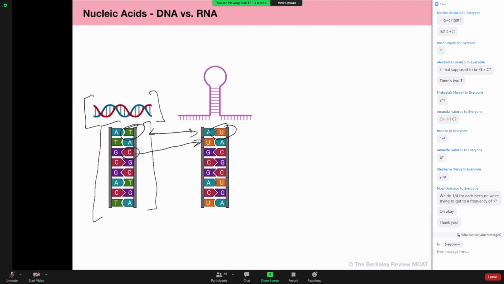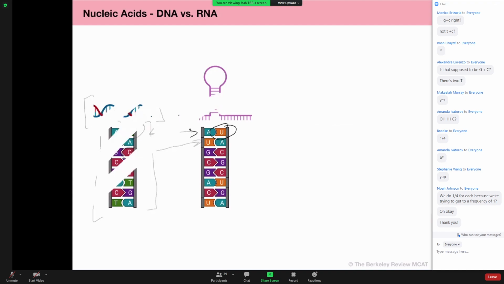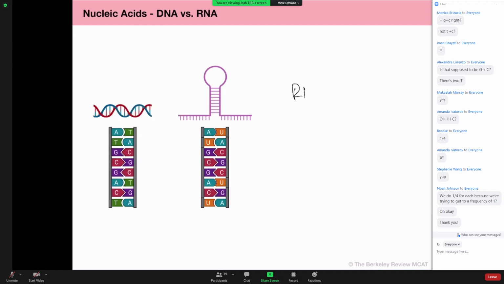Okay, and if we compare RNA and DNA from a structural standpoint, RNA is much more unstable compared to DNA. It doesn't form this double helix.